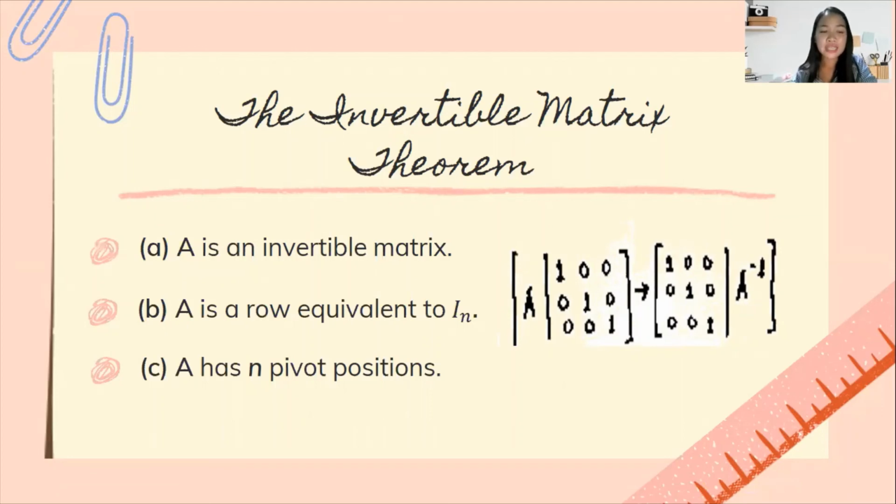And if there is a false statement, say for example A here is false, meaning we have a matrix that is not invertible, then all of the following statements are also false. We cannot consider it invertible if letter A is already false, so the rest will also become false.